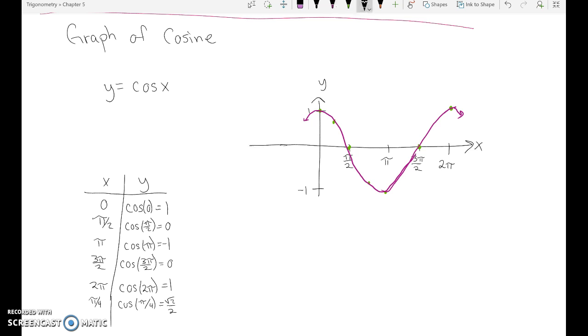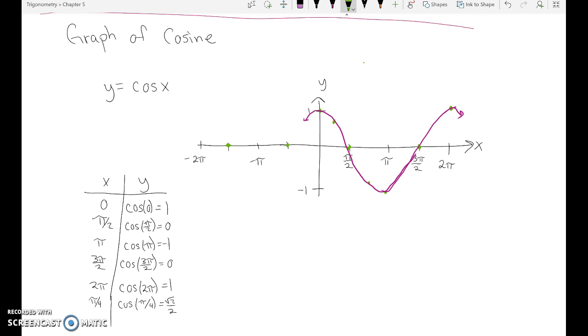So if I were to go out here to the left, I could go out to 2 pi again. This is -2 pi, and then I have -pi. There's my -pi halves and my -3 pi halves. And so I'll end up with very similar numbers here, and I'll end up with 0 right there at the halves.